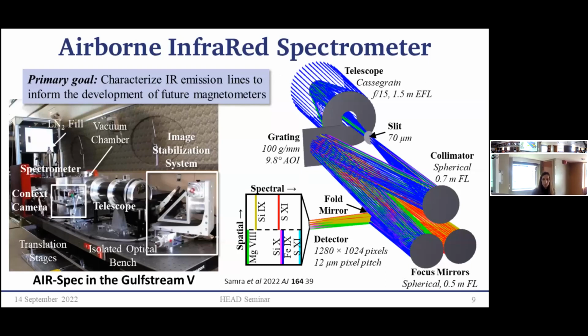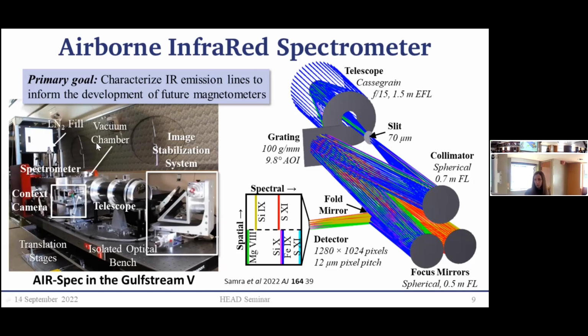Now, our first focal plane instrument for that image stabilization system was AirSpec. The goal of AirSpec was to characterize these IR lines to inform the development of future magnetometers. AirSpec can't measure magnetic field, but we needed to see what was out there before we could actually make magnetic field measurements. It's a cryogenic spectrometer, so there's liquid nitrogen that needs to be poured into the spectrometer.